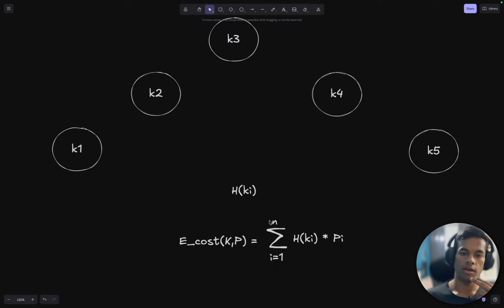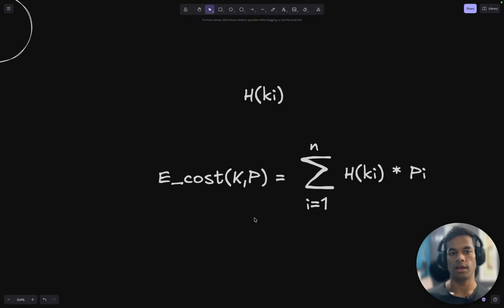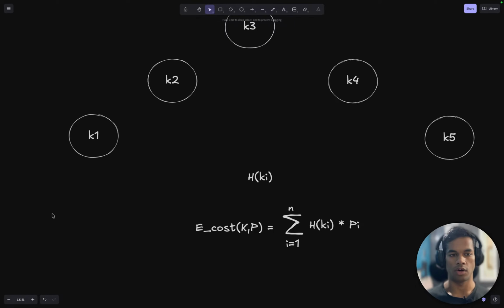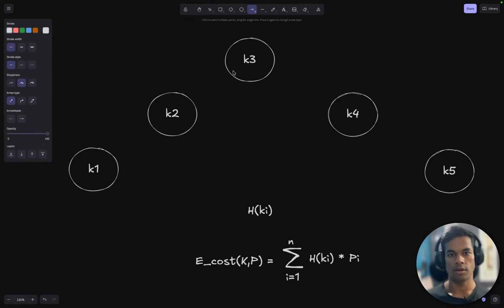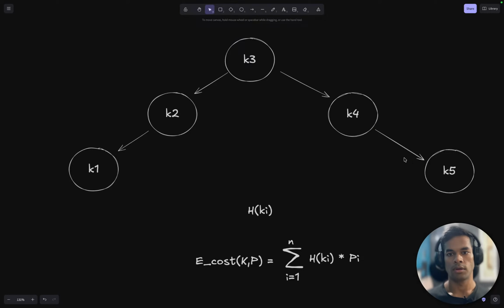Why should it be optimal? Let's say it is not optimal. Let me also make the arrows.